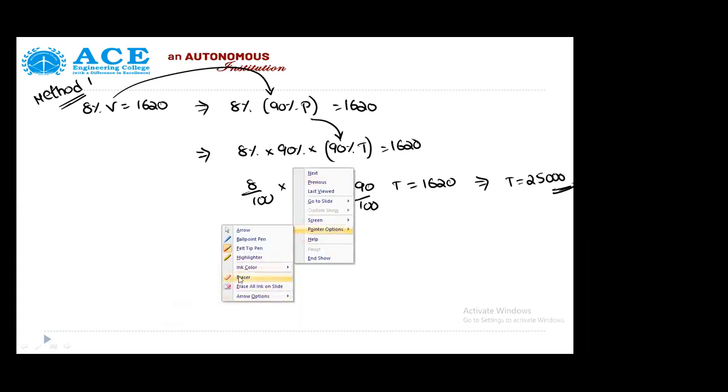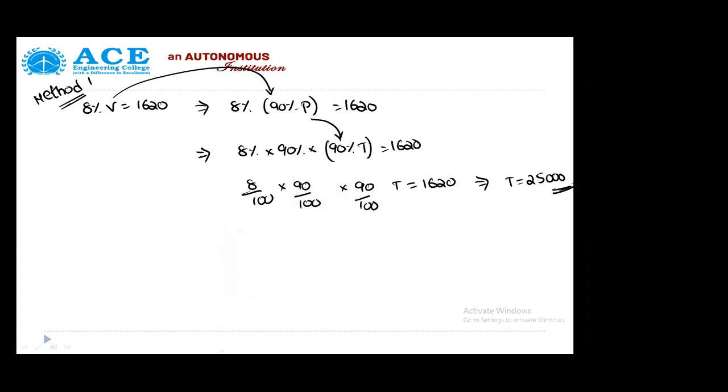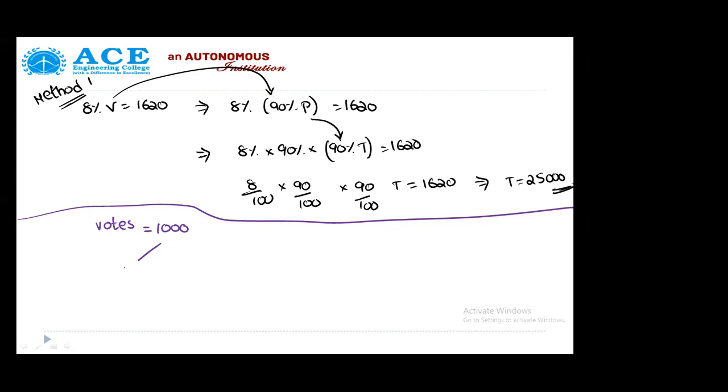What about method 2? You can assume some value. Like you can assume 1000 votes. Not polled is 10%, meaning 100 gone. 10% did not cast their vote means 10% not polled.